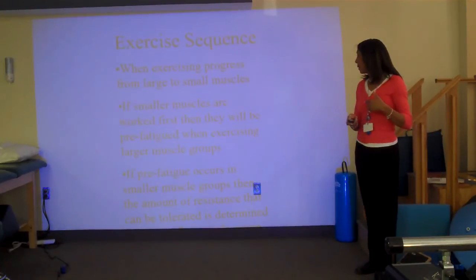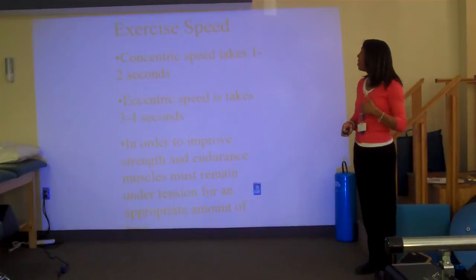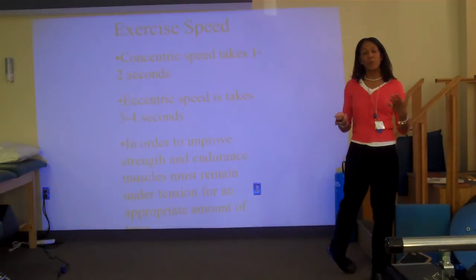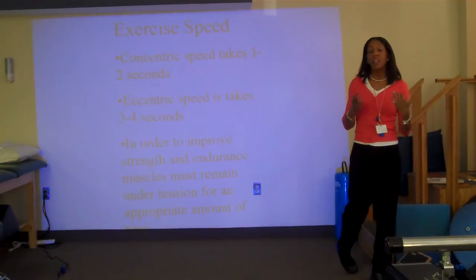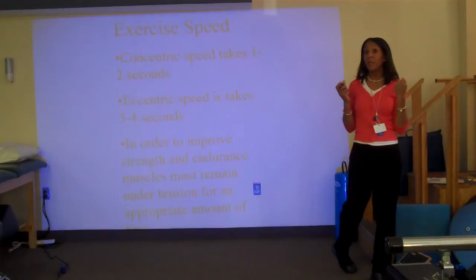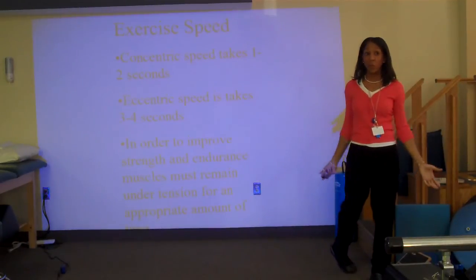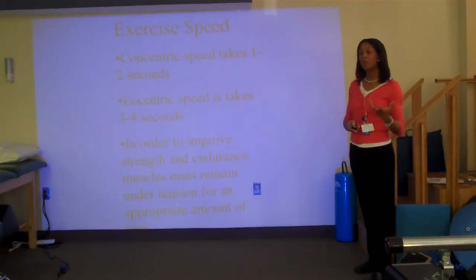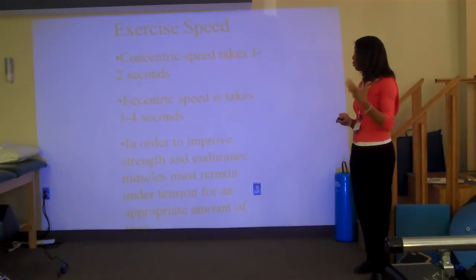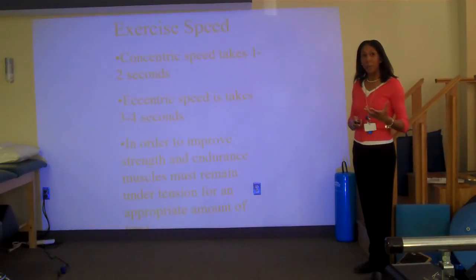Okay? When we look at the speed, as I mentioned before, concentrically typically takes place over a 1 to 2 second time frame. Eccentrically is 3 to 4 seconds. So oftentimes people can do something concentrically, but they lack that control eccentrically. They have to show that control on the way down. So in order to prove strength and endurance, you want to make sure you keep the muscles under tension for an appropriate amount of time.